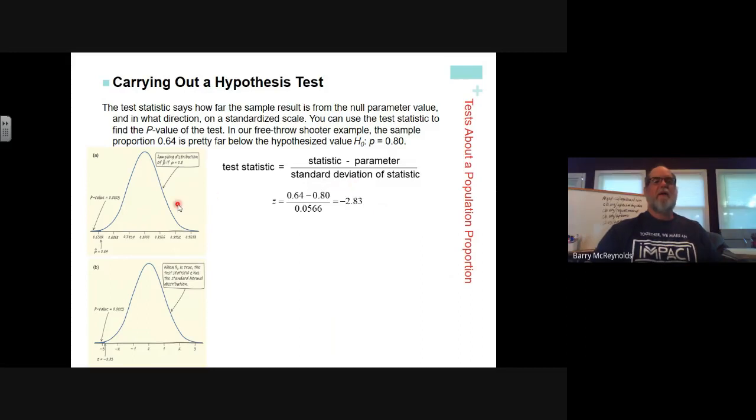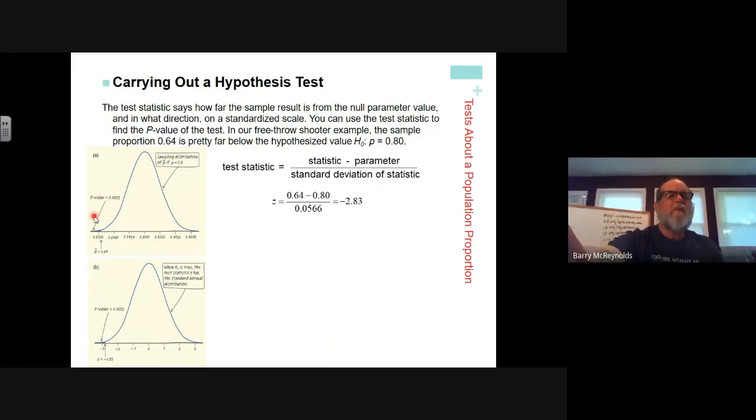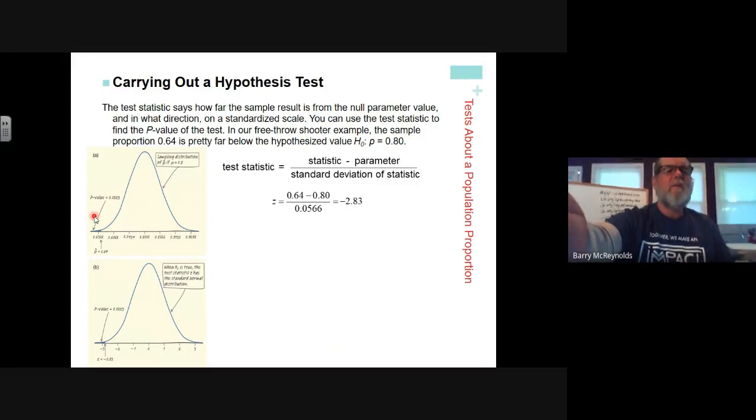And so what we conclude here is in our sampling distribution, the p hat of 0.64, the area in that left-hand tail is only 0.0023, I think is what that says. It's kind of hard for me to read. Or is it 0.0023?